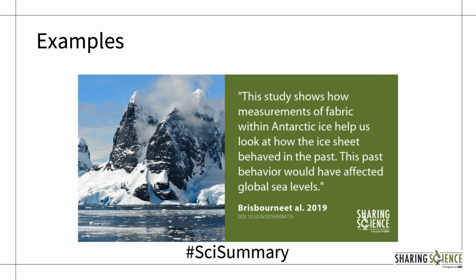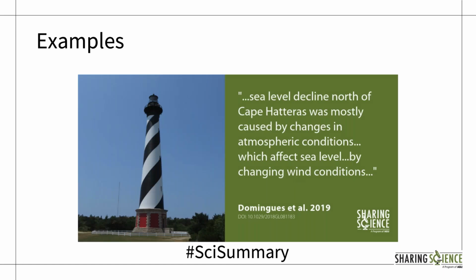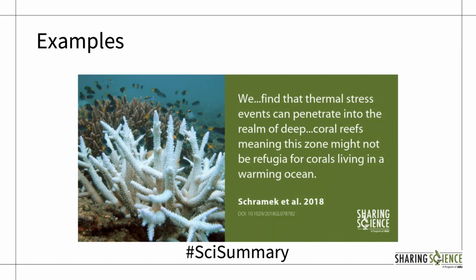There's one talking about sea levels in Antarctica and the ice sheets, talking about atmospheric conditions and sea level with changing wind conditions, things such as coral reefs and thermal stress, and talking about a warming ocean. We do a lot of climate change work here at AGU.